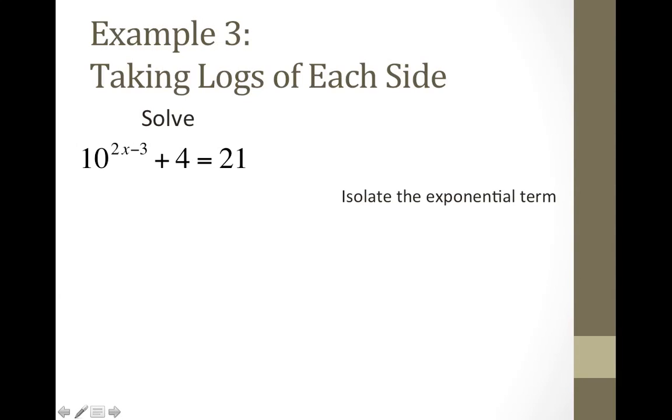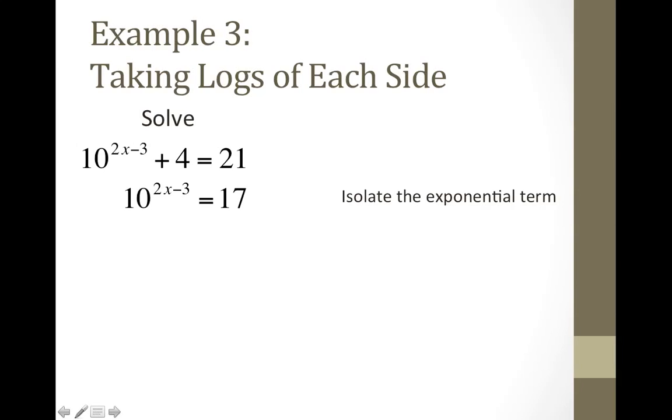So the fact that we have this extra plus 4 on here means that we need to move that over to the other side first. So we'll subtract the 4 from both sides to make it 10 to the 2x minus 3 power equal to 17. Then you can ask yourself questions about rewriting bases.